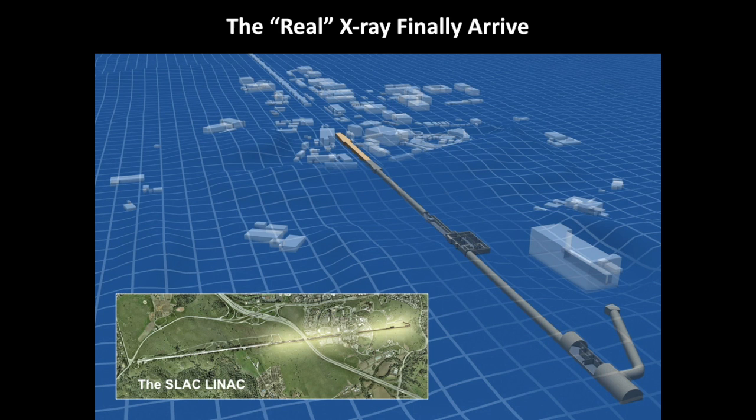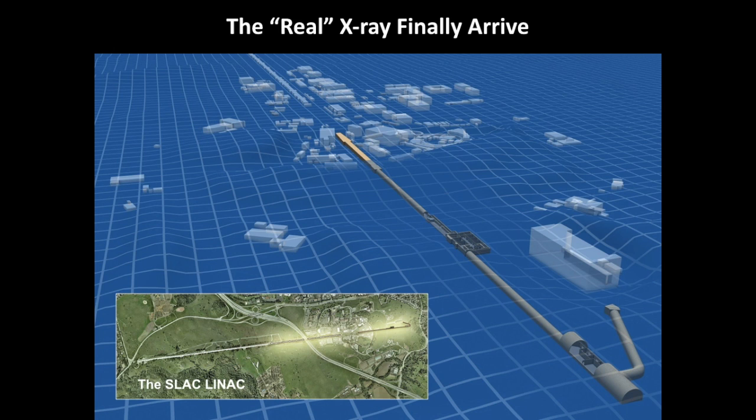We're not talking anymore about 32 or 16 nanometer wavelength, but about 1 nanometer in the beginning, and nowadays hard X-rays also. It was quite a spectacular arrival because the first light was around April 2009, and 4 days later, it achieved saturation.